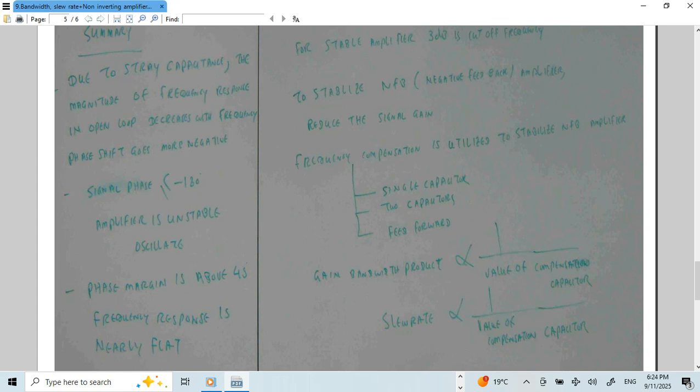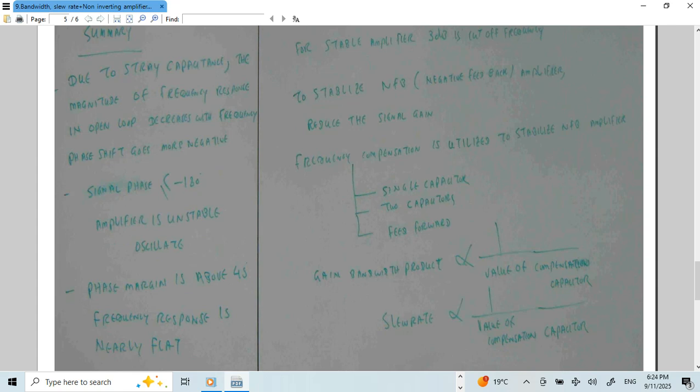So those are the characteristics of the operational amplifier. Due to the stray capacitance, the magnitude of the open loop frequency response decreases with frequency, and if the signal phase goes below minus 180 degrees, the amplifier can become unstable.